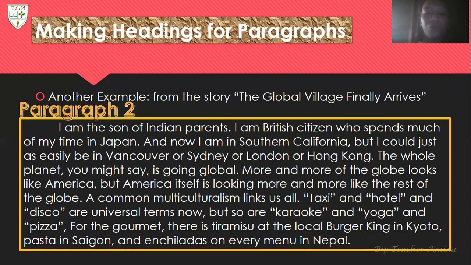More and more of the globe looks like America, but America itself is looking more and more like the rest of the globe. A common multiculturalism links us all. Taxi and hotel and disco are universal terms now, but so are karaoke and yoga and pizza. For the gourmet, there is tiramisu at the local Burger King in Kyoto, pasta in Saigon, and enchiladas on every menu in Nepal.